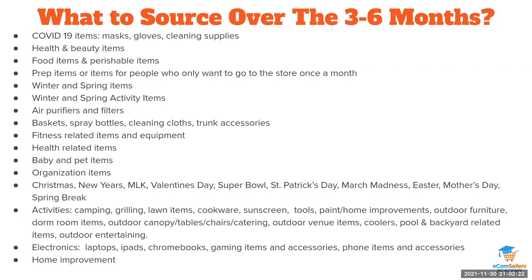Outdoor kind of stuff, canopy tables, chairs, that kind of stuff. And outdoor entertaining. Electronics are going to sell. A lot of electronic stuff is going to sell. So these are all things that you can be selling over the next 3 to 6 months. Keep those things in mind. And there's plenty more, like clothes. Those are always going to sell, and other types of items.